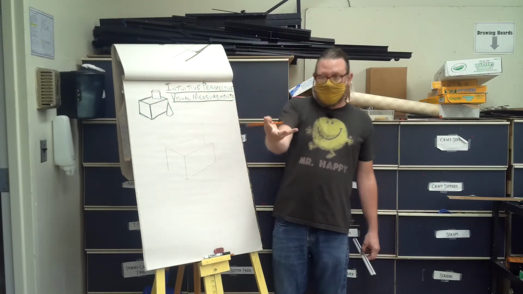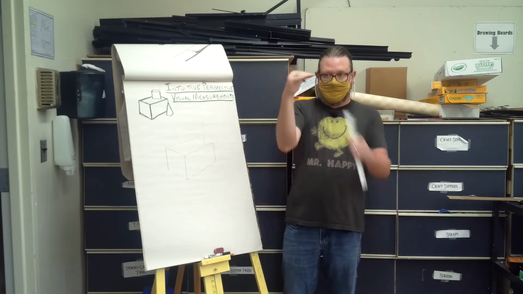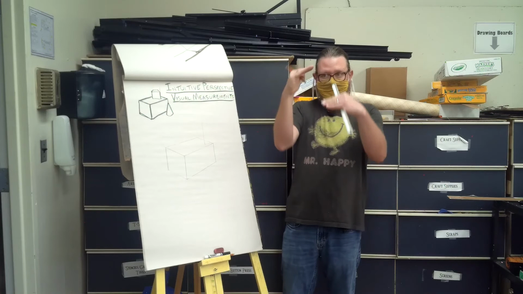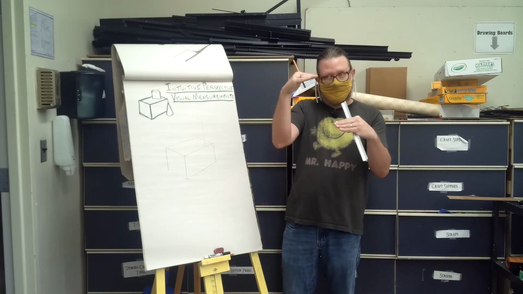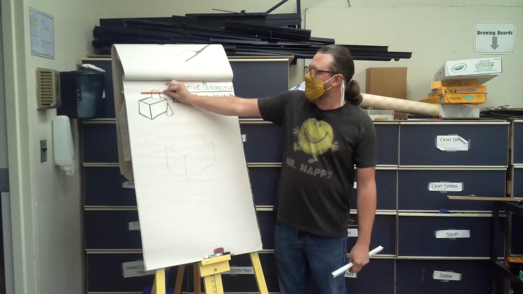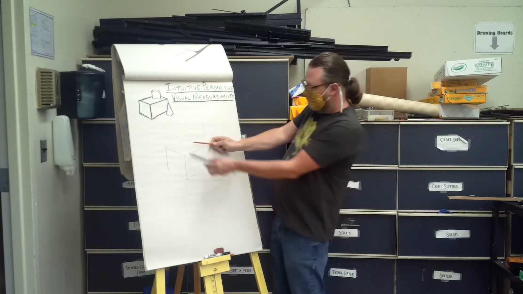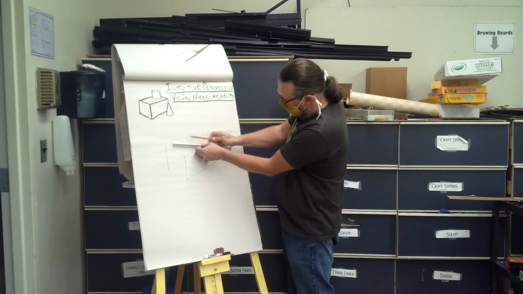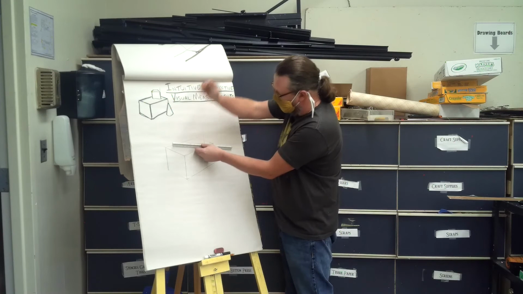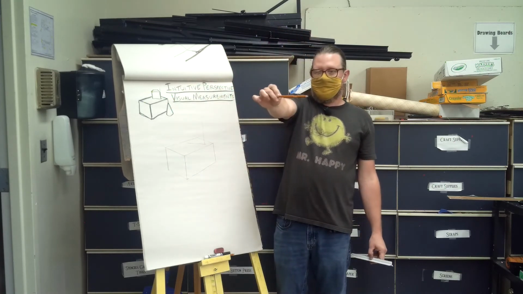Now, it looks kind of like one-point perspective to me, but I'll bet those angles are just ever so slightly off from being perfectly horizontal. So I'm going to go ahead and take measurements just to be on the safe side. I'm getting this line and this line. Pretty close to horizontal, but not perfectly.